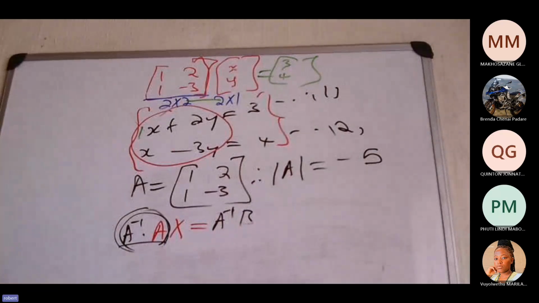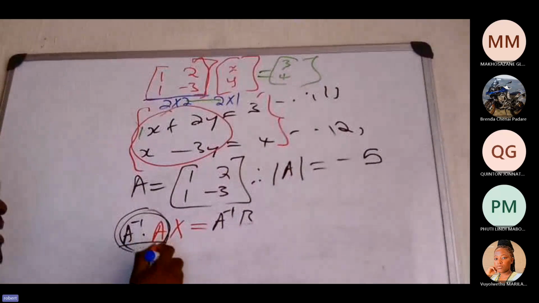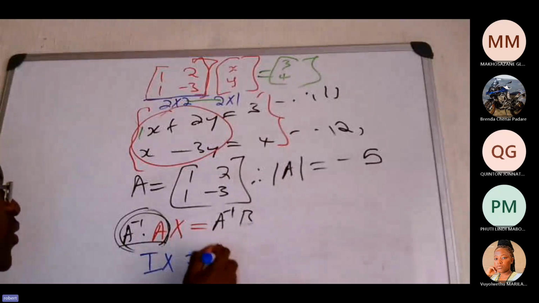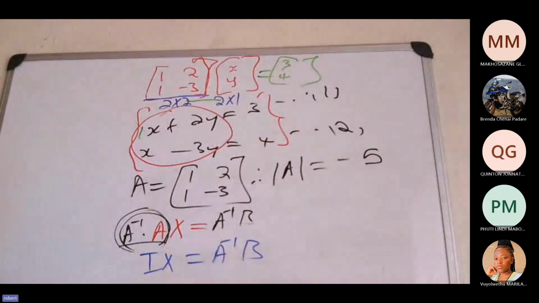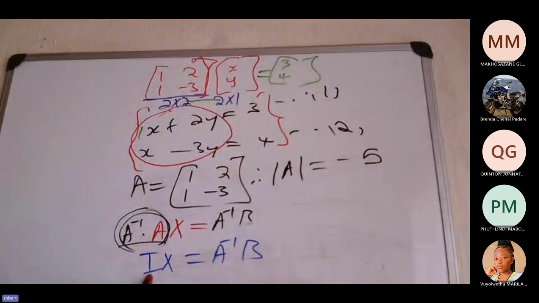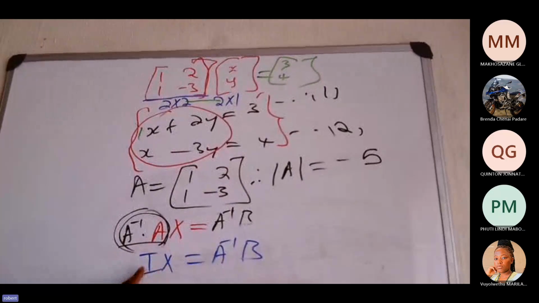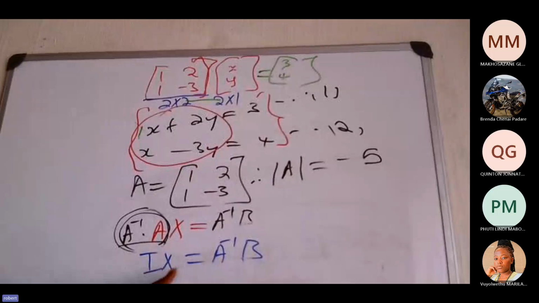Now, because this is the identity matrix, multiplied by X is equal to this. And we know because it's an identity matrix, it will preserve X. If you multiply these two, they will give you X back. So we don't even have to mention this, because at the end, it will just give us X back.